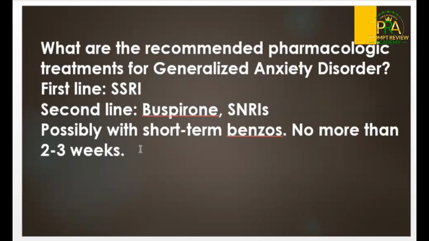You don't want to wait, because SSRI takes 6 to 8 weeks before it starts being effective. So you don't want to wait that long. You can give them a short-term benzo while you start the SSRI. We don't give benzodiazepine for a long time. We only give it for at least 2 to 3 weeks, depending on when the SSRI starts working.